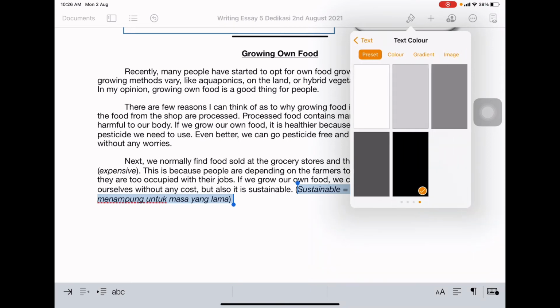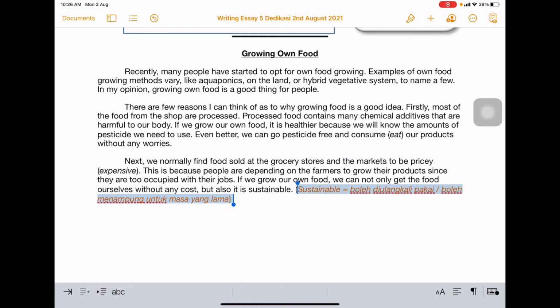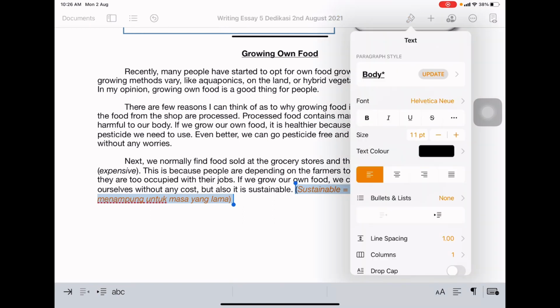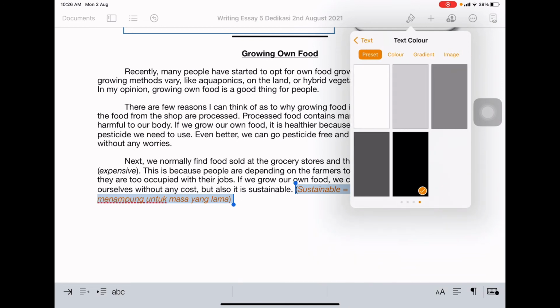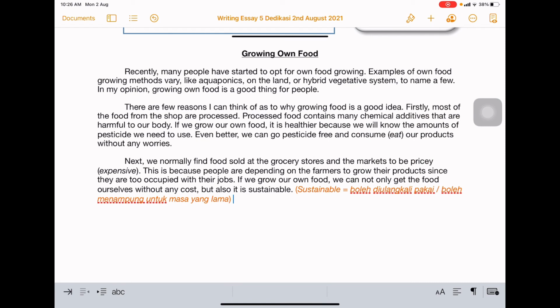Never mind, I'll just use text color then. Okay, so this one I put orange so that you know that you don't have to put it in your essay. I'm just explaining the meaning to you. Okay, now we have written the second point.